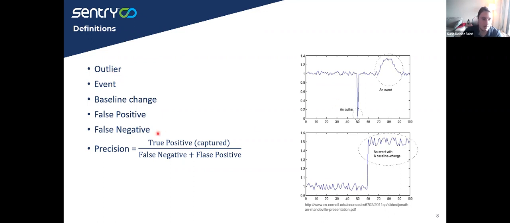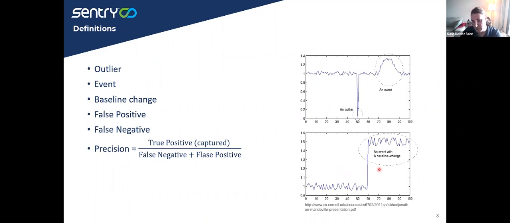Events are cumulative outliers or various outliers that accumulate and create a sustained anomalous period. So we don't want to raise an alarm whenever the signal has a sudden spike, which is very short. We just want to raise an alarm when something rare is happening and something is actually affecting the signal.